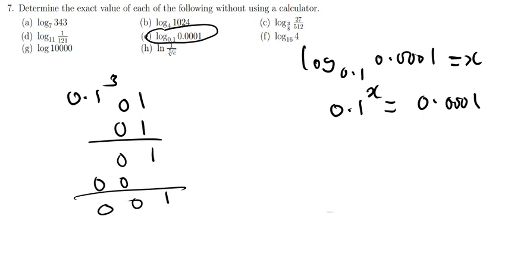Then you count how many decimal places we have: 1, 2. We start from here, 1, 2. So it's 0.01. And then this times again 0.1.